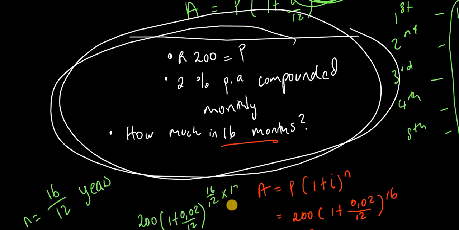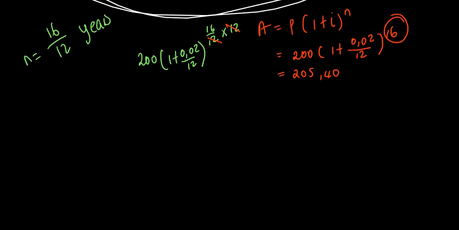Then you multiply by the 12 now. But if you didn't make it 1.33, because I saw that you made it 1.33, and left it like this, you would have realized that the 12 simply cancels the 12, and then you have the 16. Man, math is beautiful. Math is really sweet.